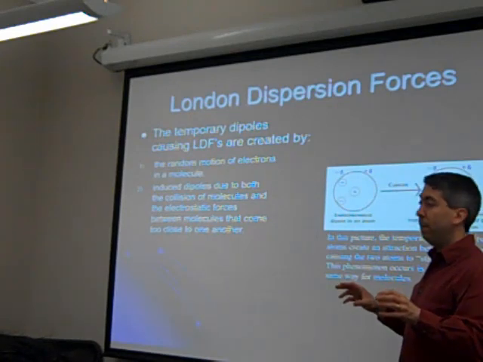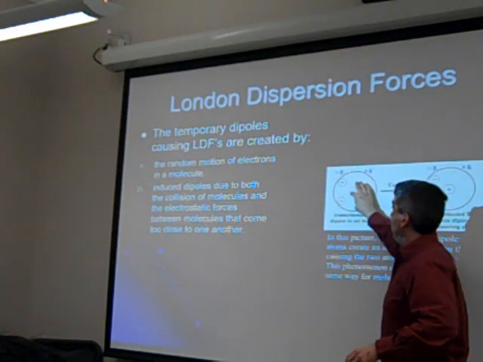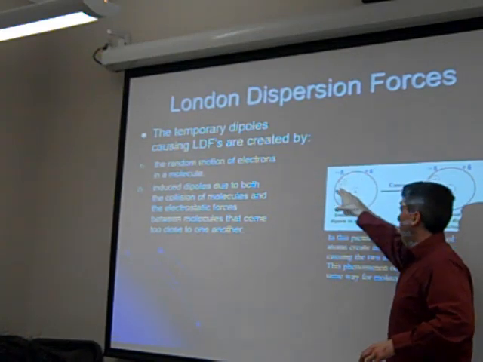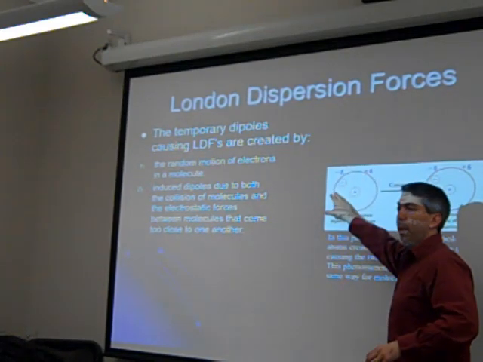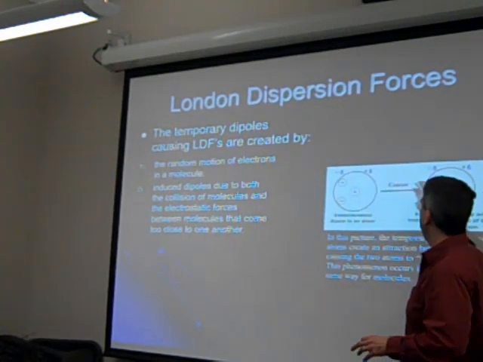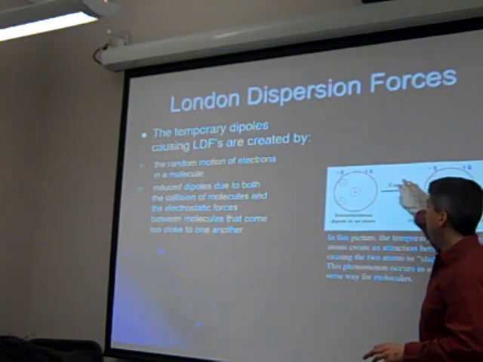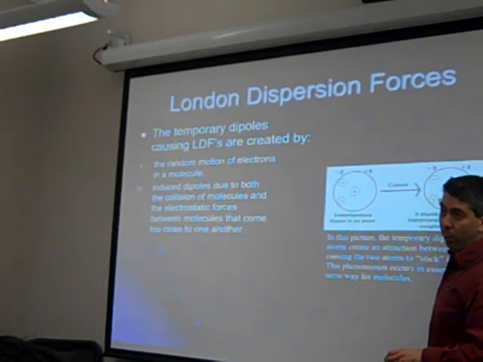If the electrons are closer to one side, and you have a partial positive on this side and a partial negative on this side, that partial positive is going to attract the electrons in another atom over here.